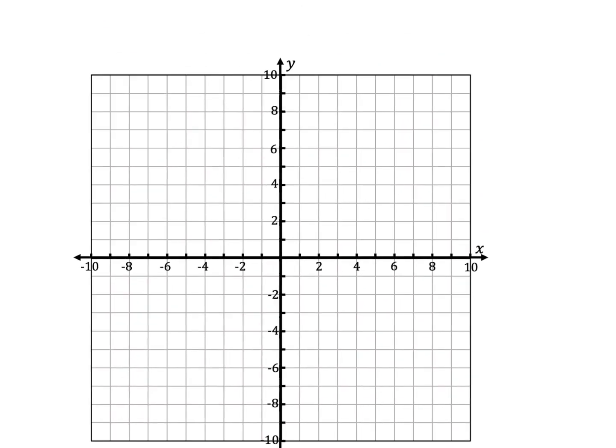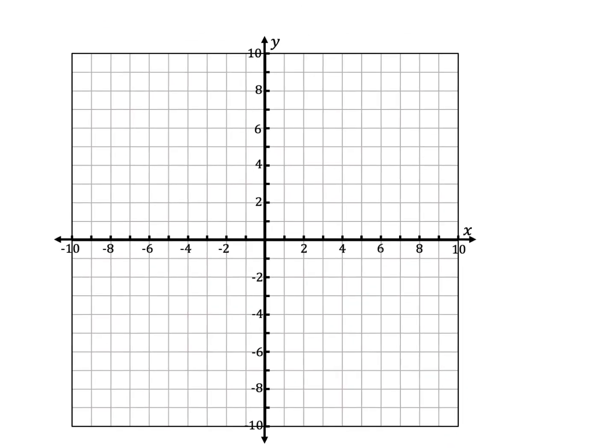Okay, so I'm going to first plot -2, 4. So -2 along the x-axis, 4 along the y. Then +10 on the x, 2 on the y. Here we go. So that's my line segment. You notice along the x-axis, I'm going from -2 to 10.